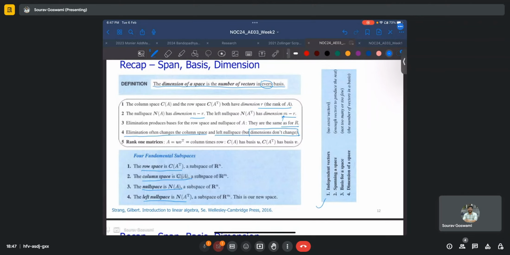Spanning a space suggests that there are enough vectors to produce the rest, or that I can express any vector in the space as a combination of a select few. Thus, they are said to span the space. The basis for a space need not be too many, and they cannot be too few. They must be exact. And the dimension of a space is the number of vectors in a basis.